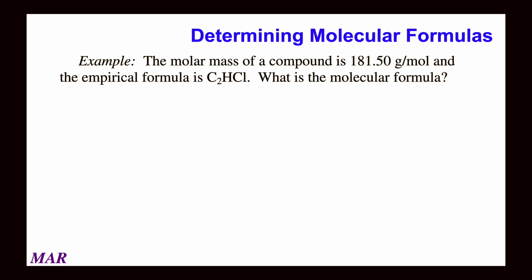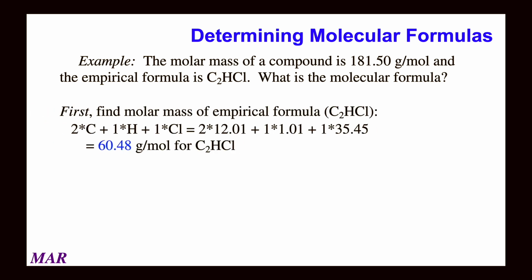So here's a compound. It has a molar mass from the mass spectrometer of 181.50 grams per mole, and the empirical formula C2HCl. Let's use this information to find the molecular formula of the compound. No problem. First, you need to find the molar mass of the empirical formula.